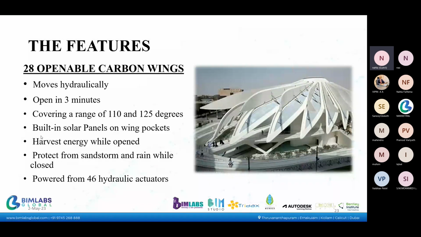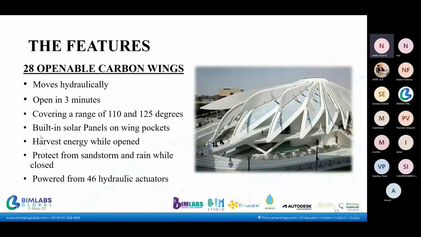So firstly, I'm going to talk about the 28 openable carbon wings of the structure. These wings that you can see in this picture are actually openable. They position themselves covering a range of 110 to 125 degrees, and they can be opened within 3 minutes.